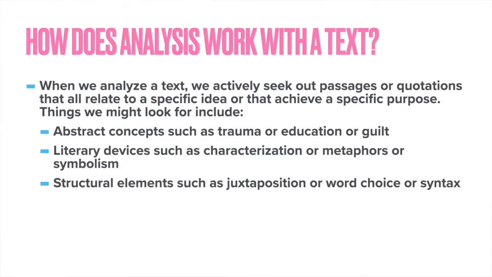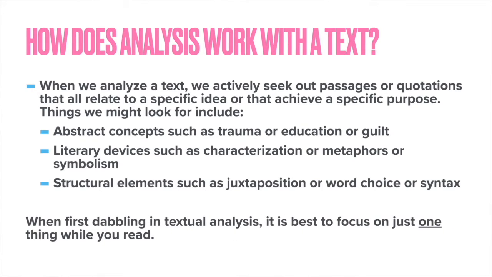The key is to just focus on one thing while you read. Try not to focus on abstract concepts and literary devices at first. Try just focusing on abstract concepts or just literary devices. And in this class, the thing that you focus on is going to be based on the essential question that I give you for that part of the text.